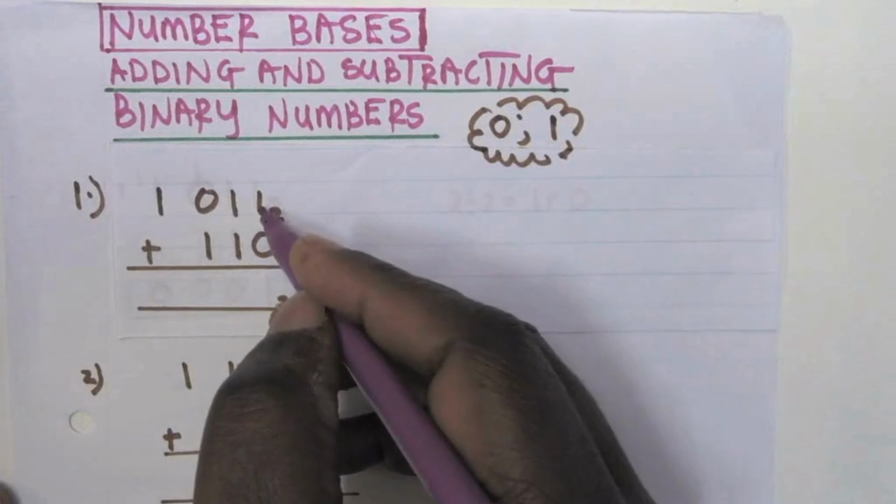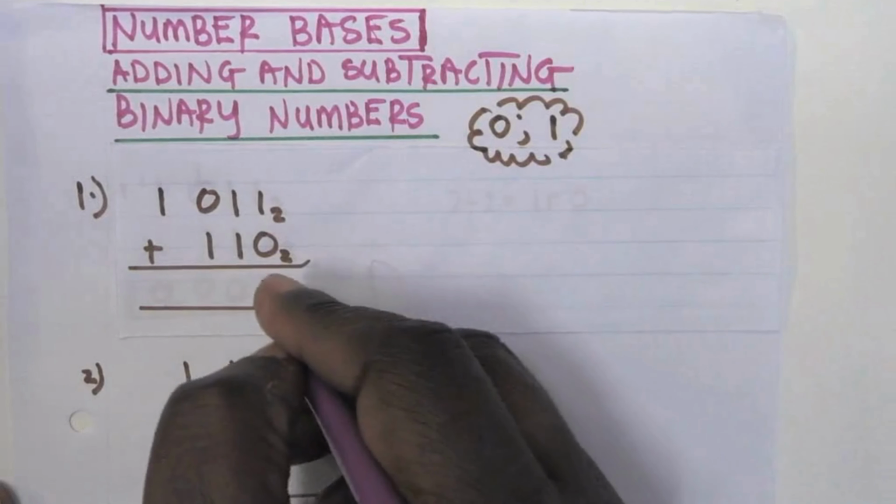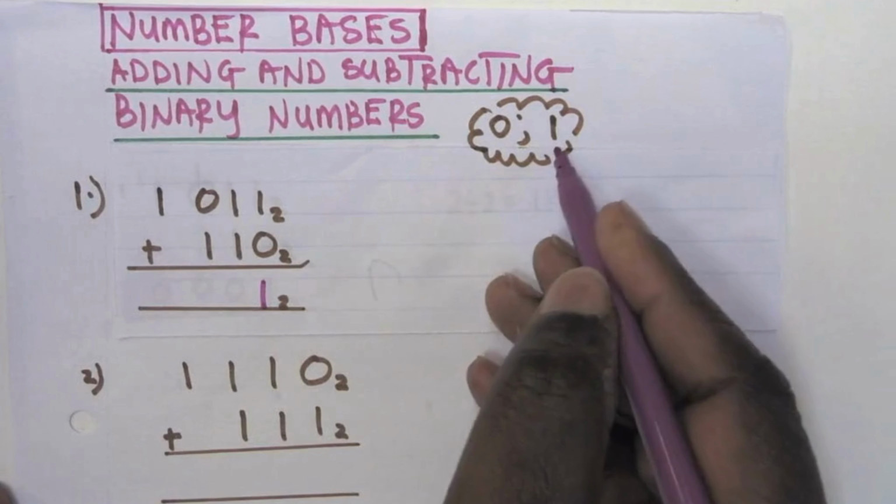If I add 1 plus 0, I'm going to get 1, and 1 is a number that is in base 2. If I say 1 plus 1, I'm going to get 2, and 2 is not a number that is in base 2, so I'm going to write 2 divided by 2. I'm going to get 1, remainder 0. I'm going to write the 0 here, then I carry 1.